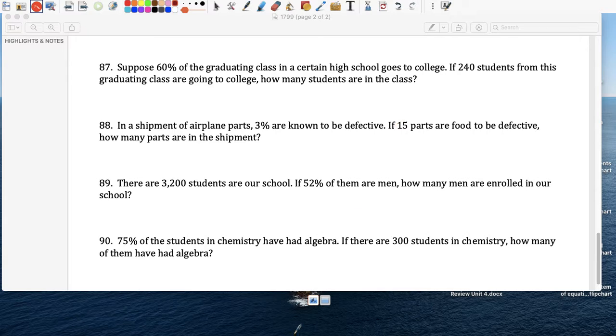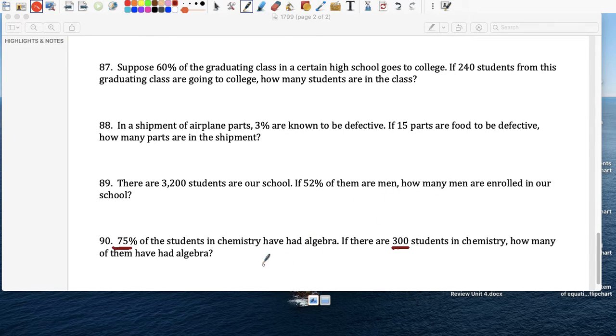Next one: 75% of the students in chemistry had algebra. There are 300 students in chemistry. How many had algebra? Okay, so these are related. There are 300 students in chemistry and 75% have taken an algebra class.